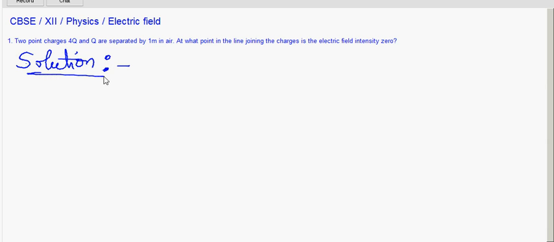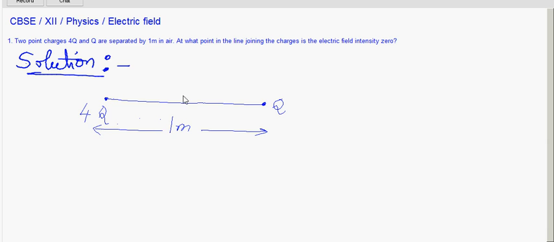So 2 point charges are given, 4q and q, and they are separated by 1 meter in air. So the distance between q and 4q is 1 meter.